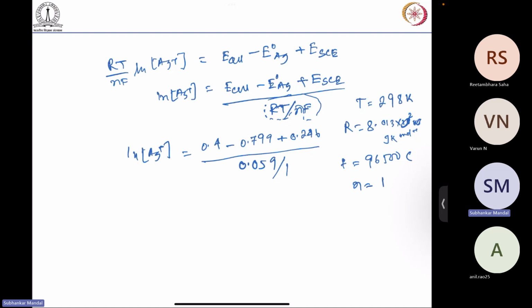Now we can calculate this one. Can anyone calculate how much it is coming? I can also calculate: 0.4 minus 0.799 plus 0.246.